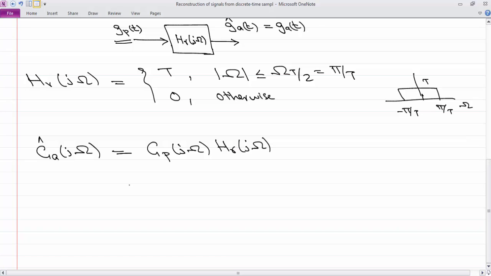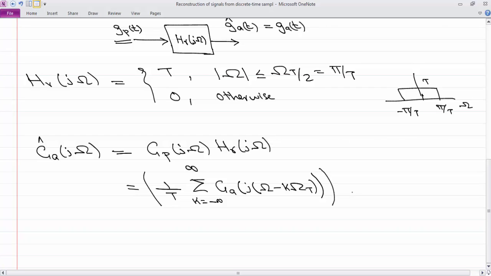We know g_P of j omega is 1 over T, summation k from minus infinity to infinity, g_A of j omega minus k omega T. This is g_P, and H_R of j omega is, I'll use this notation, T times the indicator function, which means that this whole thing is 0 outside the range minus omega T by 2 to omega T by 2.